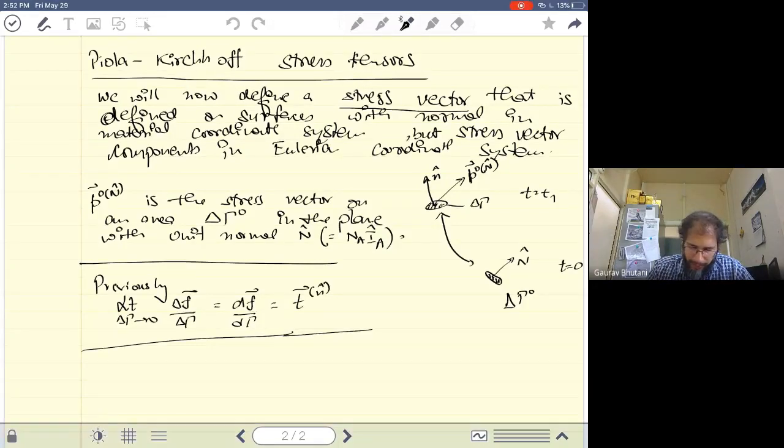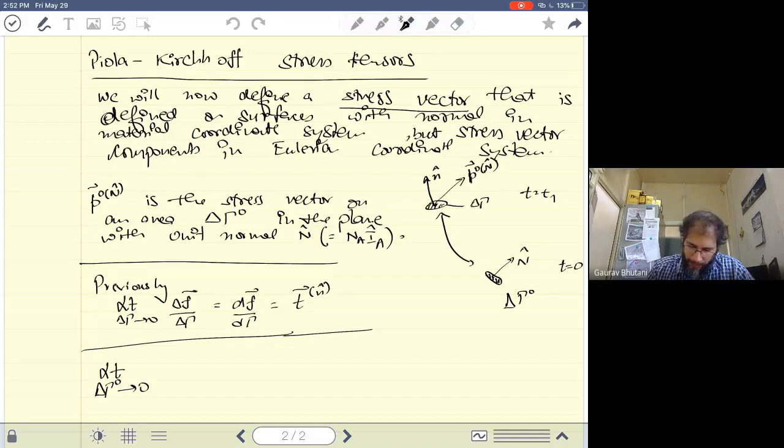Now we will write the limit as delta gamma naught tends to 0. Remember that now we're talking about the area defined in the Lagrangian coordinate system, and the ratio of delta F, the force, is still the same, but the denominator now is delta gamma naught instead of delta gamma. So this becomes dF by d gamma naught, which we define as p naught superscript N hat.